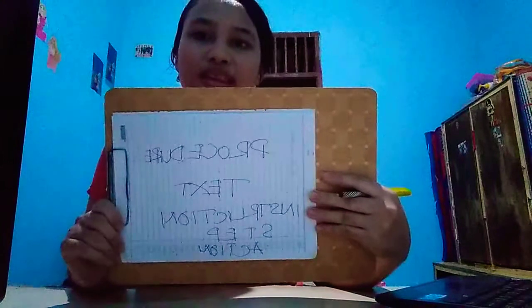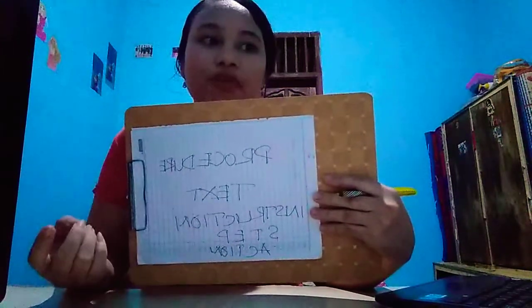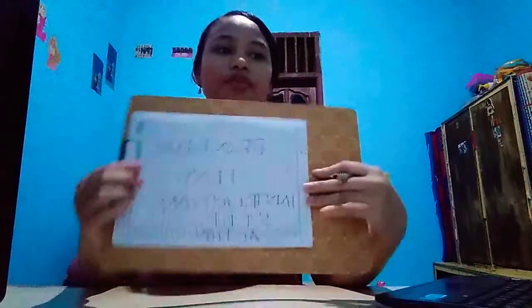And the procedure text takes the form of imperative text. Why? Because the form of the procedure text is identical to instruction. So why do we use imperative text? Because imperative text is identical to showing the instruction.